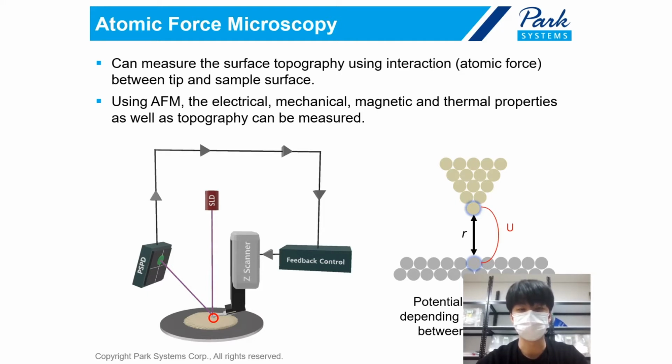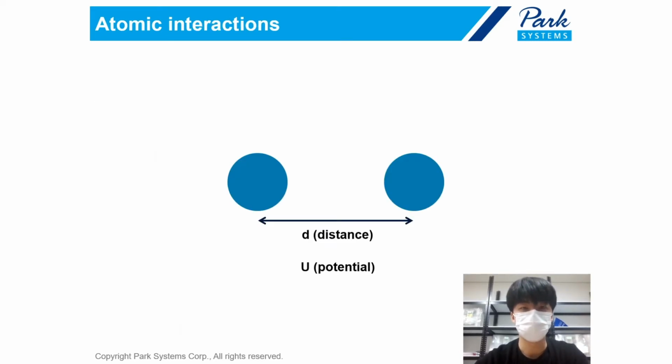Then, what are atomic forces? Imagine there are 2 atoms in a space. If they have a distance, there is attractive force applied between 2 atoms, which wants to make 2 atoms closer. So, due to the attractive force, distance decreases like this.